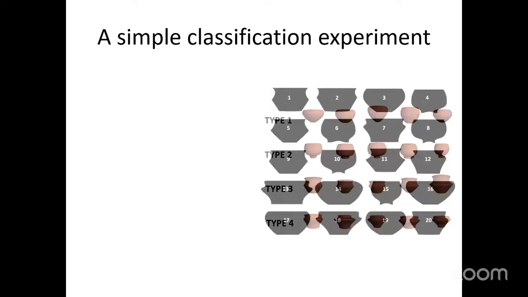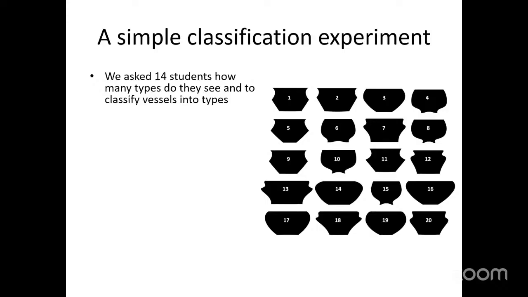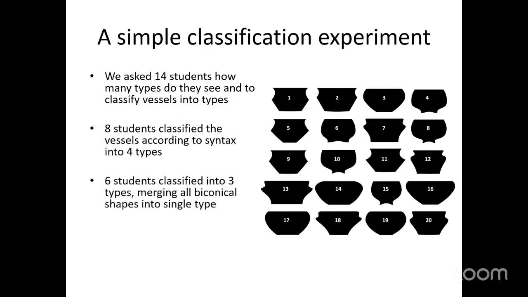So we randomized their order and showed the outlines to students. And we asked students, how many types do you see? And classify these vessels into types. And most of them classified these vessels into the original types. Because these are virtual vessels, we made 4 types and then just made variations of each type. So it does make sense.